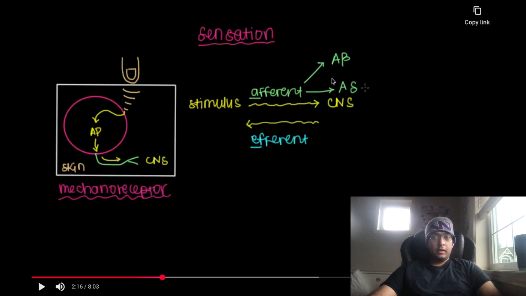We have a beta and a delta. So nociception and temperature, those are two different things.